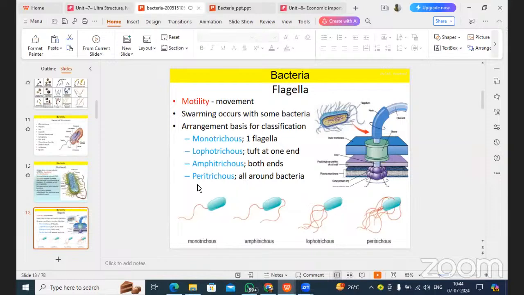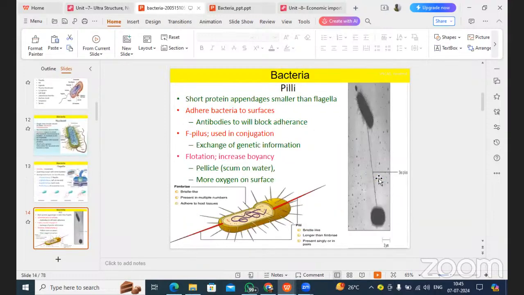Usually, flagella are present in gram-negative bacteria. Amphitrichous means flagella are present at both ends. Peritrichous means flagella are present all around the surface of the cell wall. These are the types we have studied.